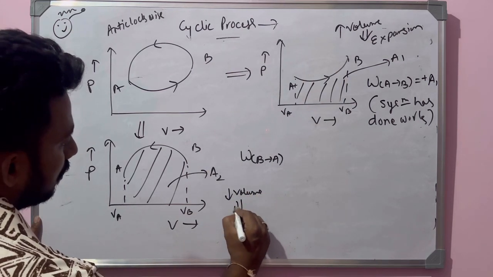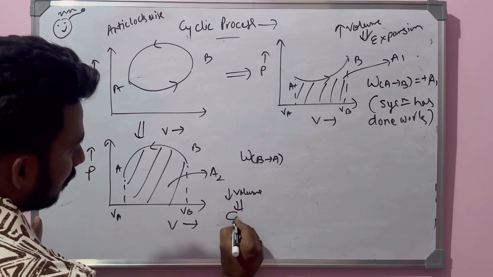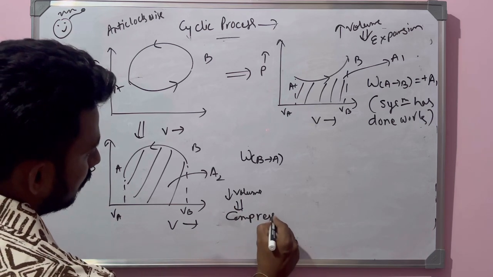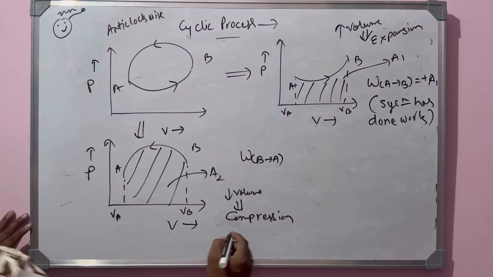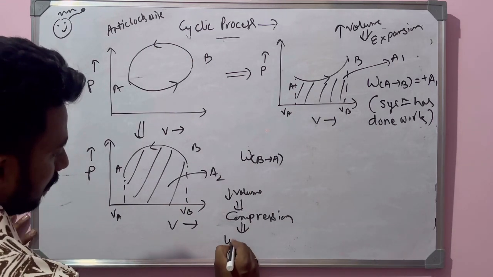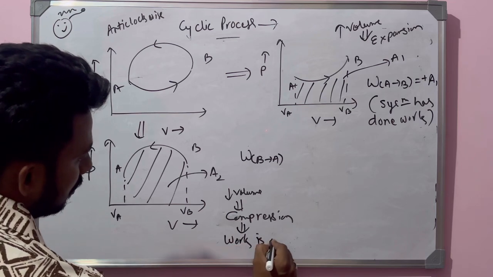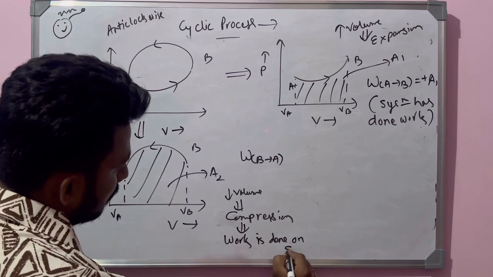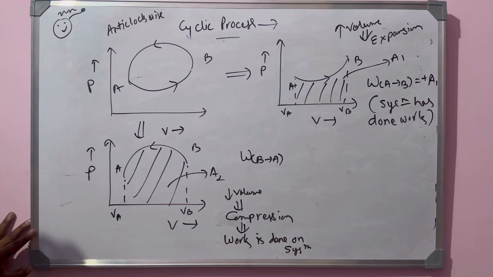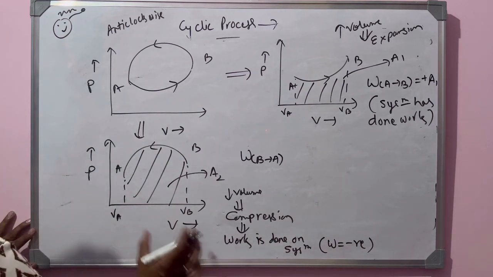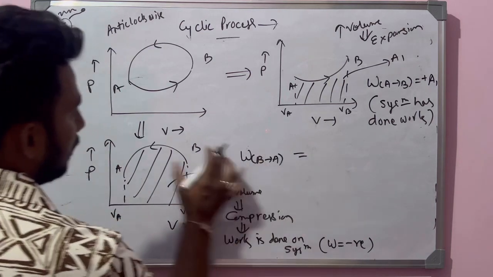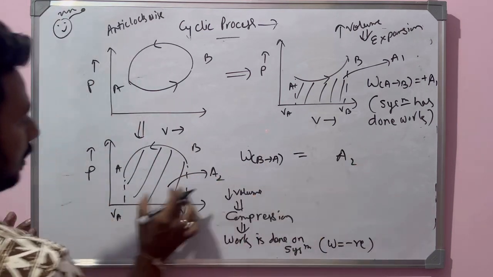Volume decreasing means what? Compression. Compression means what? We are doing work on system, right? Work is done on system. If work is done on system, work done we take it to be negative, है ना? So work done from B to A, area is A2 and I'll add negative sign.